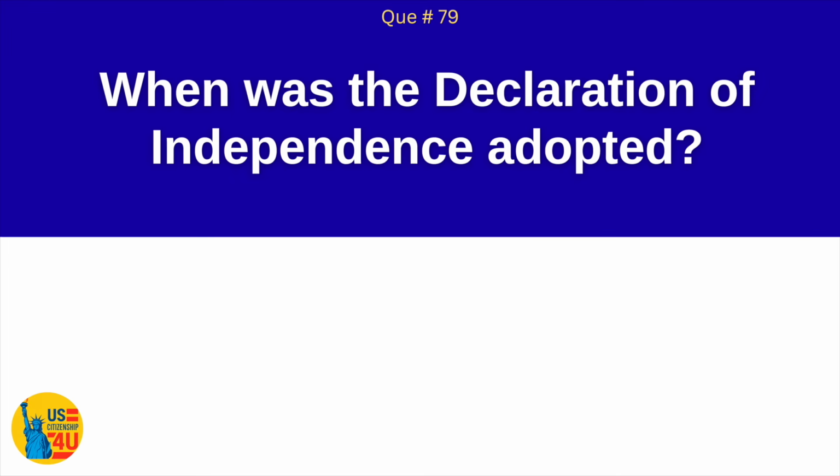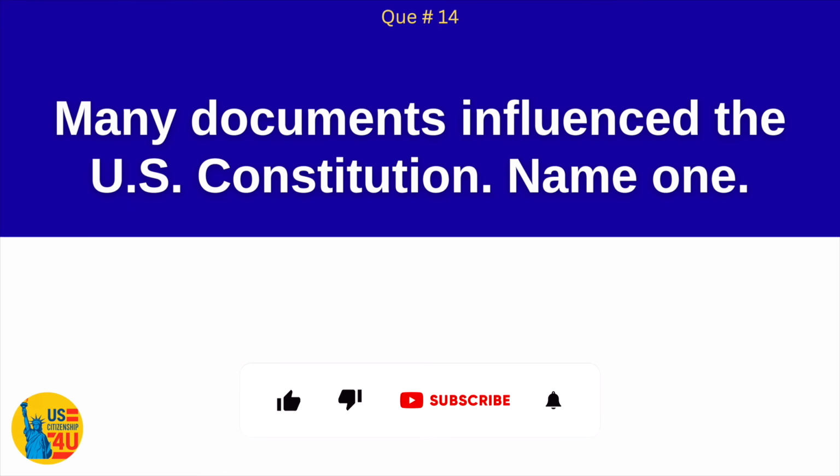When was the Declaration of Independence adopted? July 4, 1776. Many documents influenced the U.S. Constitution. Name one.